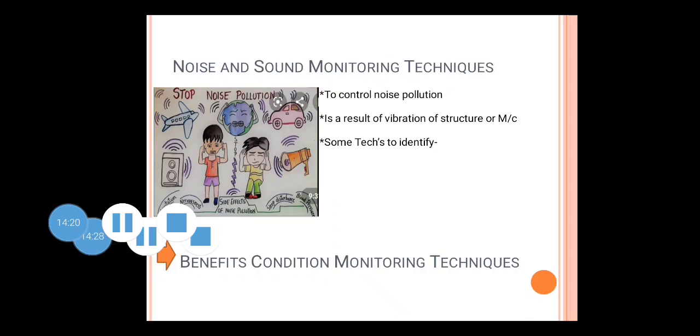Next, noise and sound monitoring technique. Noise or sound monitoring is very important for controlling noise pollution. Noise is the result of vibration of the structure and the components of the machine. If we are using machines again and again continuously, wear and tear may exist.